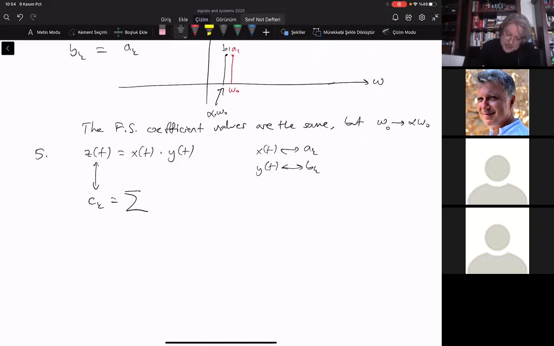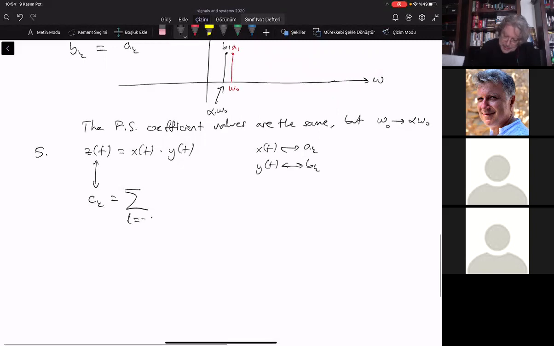The summation over l from minus infinity to infinity of a_l times b_(k minus l). Now, it may look a little bit different because it's in the subscript, but do you remember this formula? a_l times b_(k minus l), summation for all l from minus infinity to infinity.